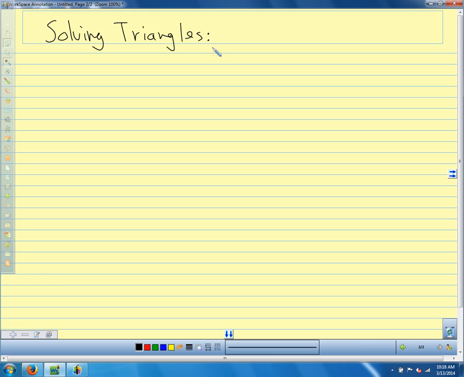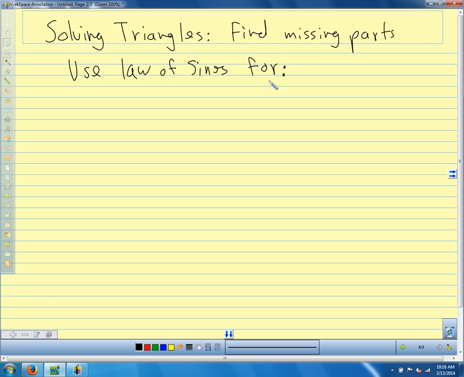And when we say solve the triangle, we're just finding the missing pieces. So we're finding sides and angles of our triangle. And we're going to use law of sines for three different kinds of triangles.